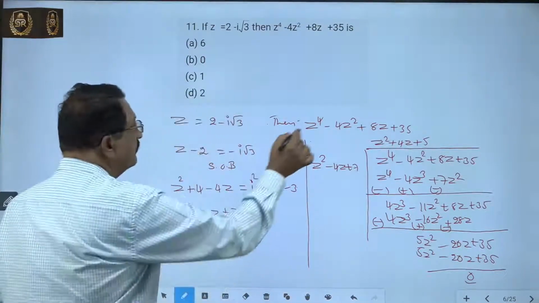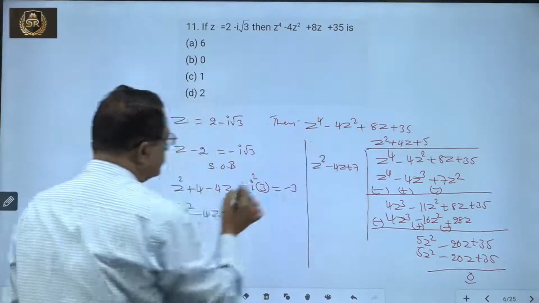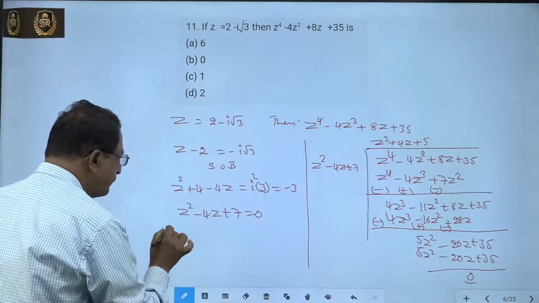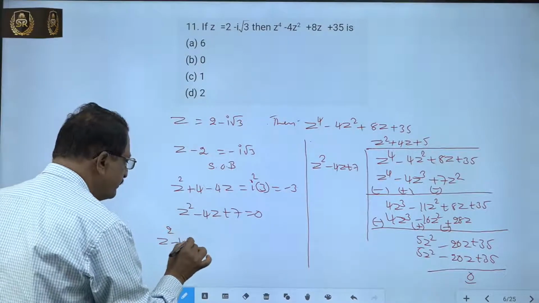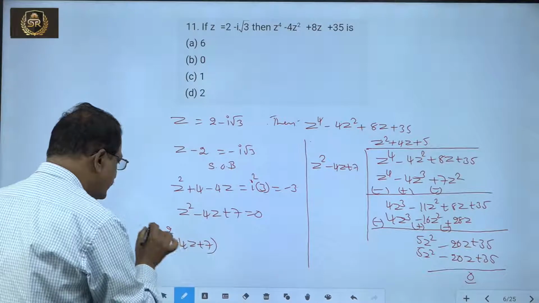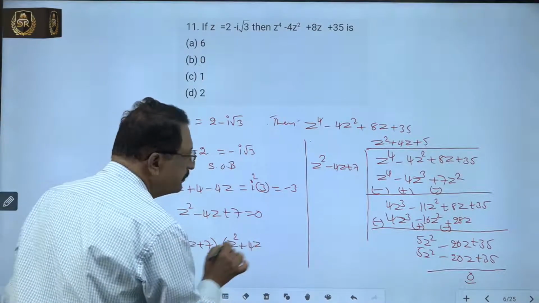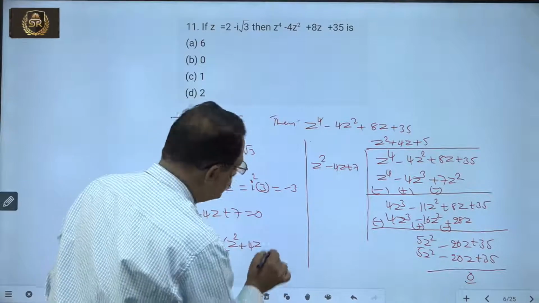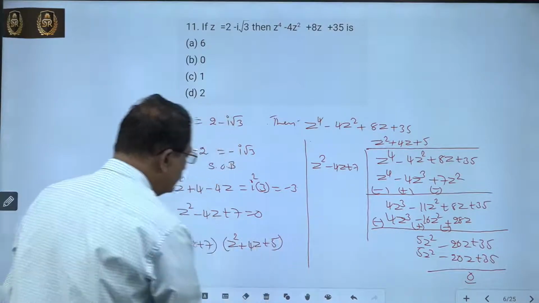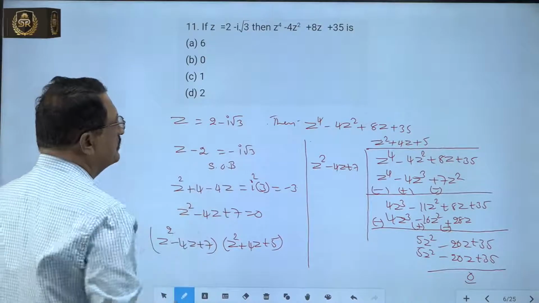Therefore, the given expression equals (z square minus 4z plus 7) into (z square plus 4z plus 5), which are the factors of the given expression.